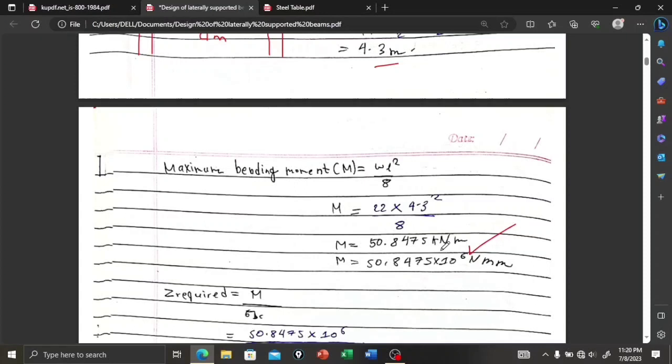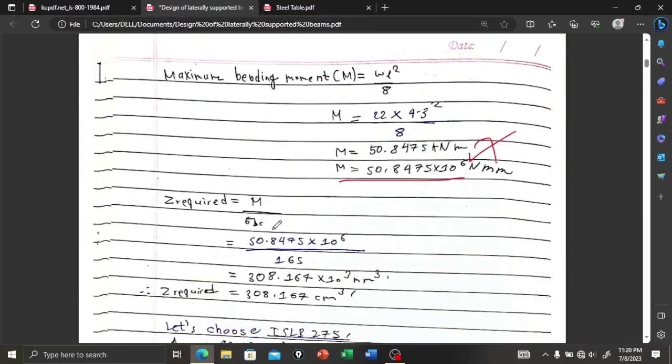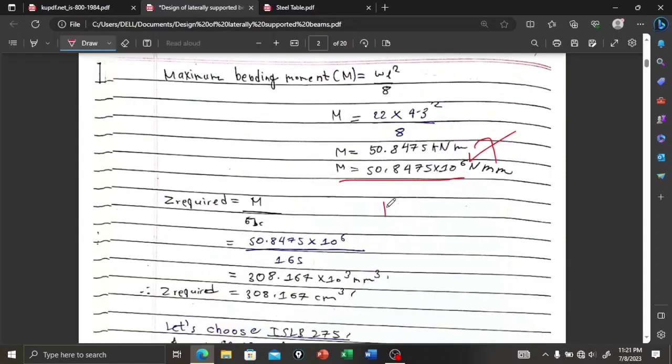So to convert kilonewton into newton, we multiply it by 1000, and similarly meter to millimeter, we again multiply by 1000. So moment is 50.8475 into 10 power 6 newton mm, and Z is M by sigma. From bending equation, M by I is equal to sigma divided by y.